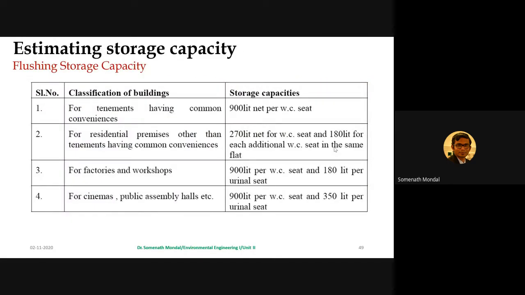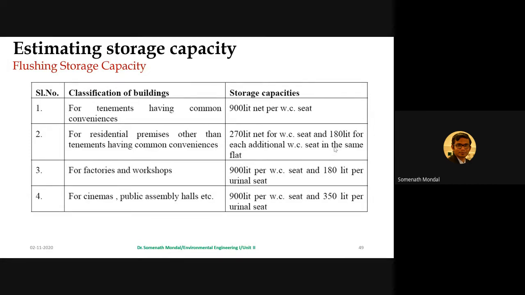We can go through this table to get a better idea, at least for tenements having common conveniences. We need 900 liters net storage capacity per water closet seat, and accordingly if the number increases, we multiply with 900 liters.